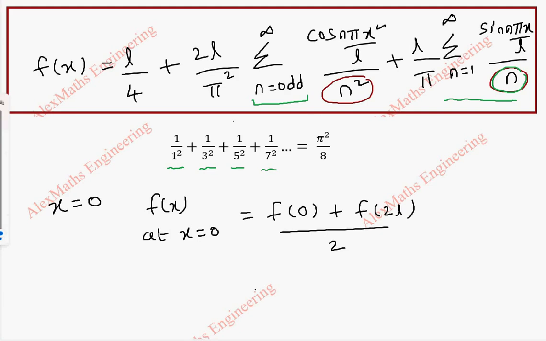And for f of 0, we have to choose the first one, L minus x. So L minus x is 0, and f of 2L is already 0, then whole divided by 2, we are getting it as L by 2.